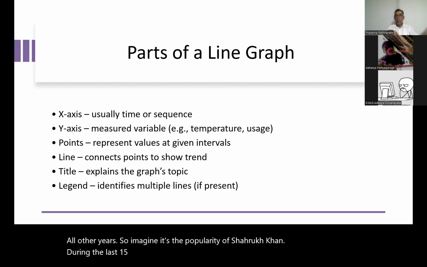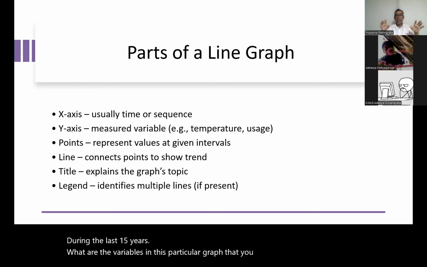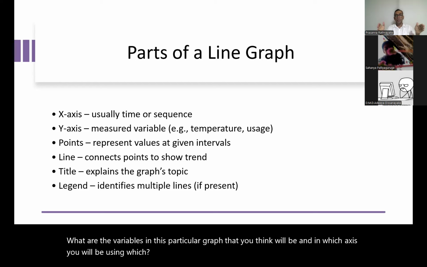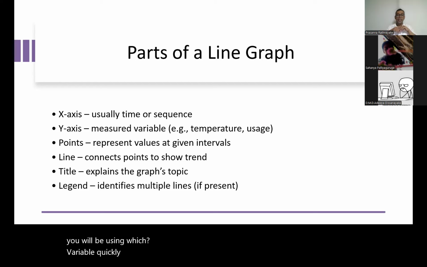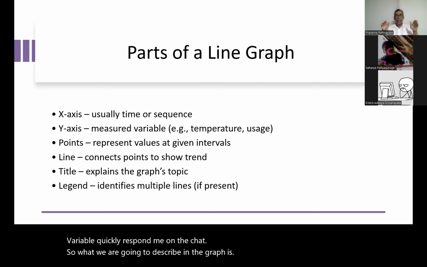What are the variables in this particular graph that you think will be used, and in which axis will you be using which variable? Quickly respond to me on the chat. So what we are going to describe in the graph is the popularity of Shah Rukh Khan over the months.